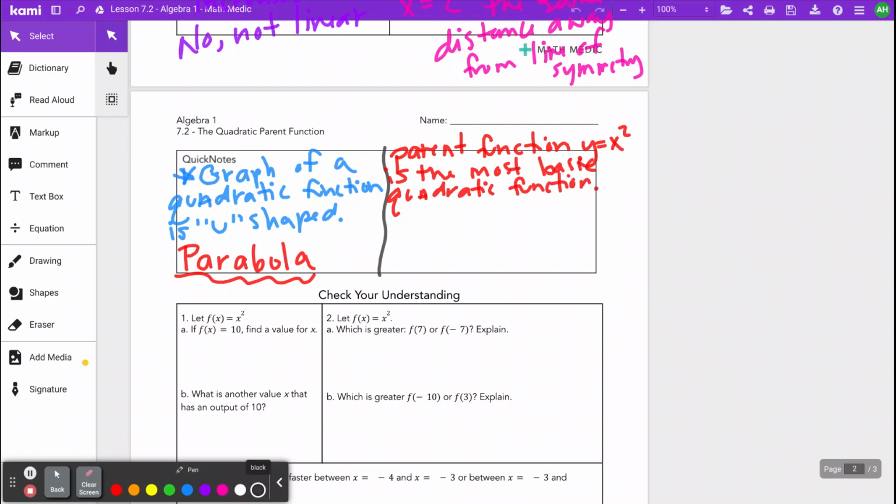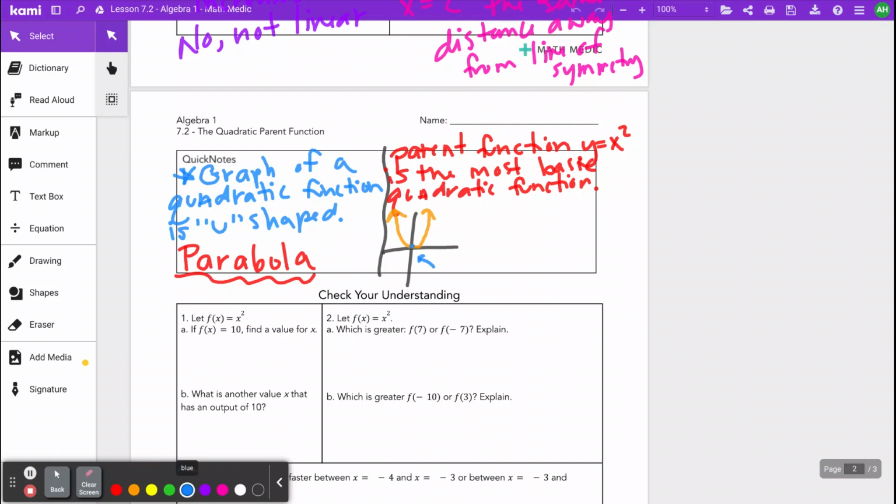Okay, and so that quadratic that we graphed on the other page, it looked something like this. That vertex was right at 0, 0. This is the most basic of the quadratic functions. We're going to be doing a lot with these quadratic functions. So I just want to go ahead and label some pieces.